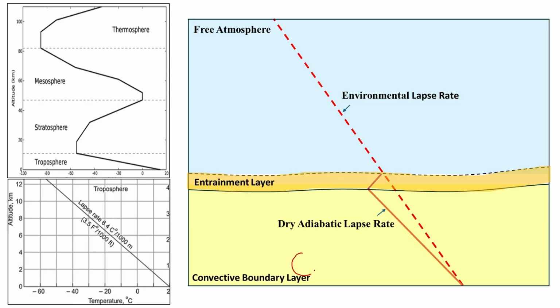Assume it has less than 50% moisture content. So here also due to the heating it will rise. As it is rising, there will be expansion and cooling, so condensation will happen. As there is condensation, it will release latent heat. So due to the latent heat release, the temperature inside this air parcel will be very high, so it follows this line.